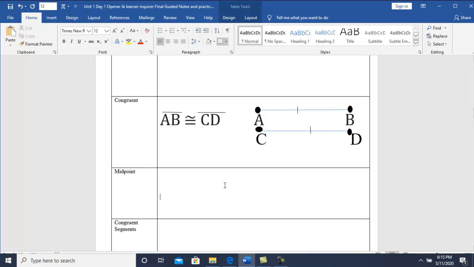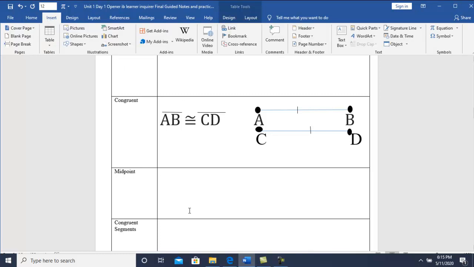The next term is midpoint. If I'm going to illustrate midpoint, I could draw an example. We're going to say M is the midpoint of line segment EF. So let's make that bigger so everyone can see it.